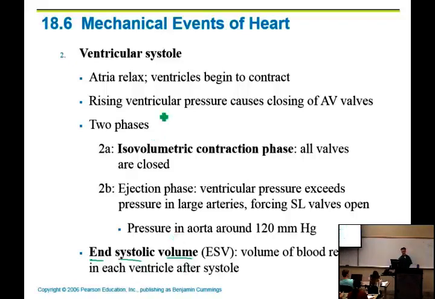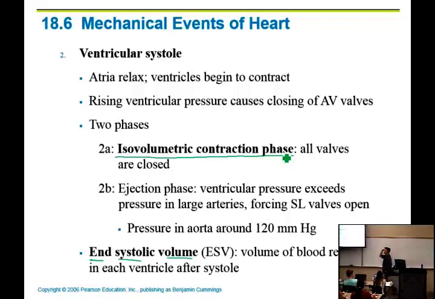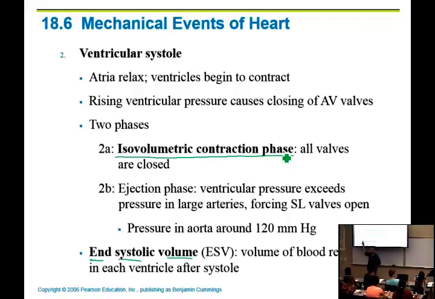There's also this interesting stage here that nobody thinks about a lot, which is called the isovolumetric contraction phase. And you're like, whoa, that's really long in terms of words, right? Iso means what? So like isotonic, isosceles triangle, things like that.